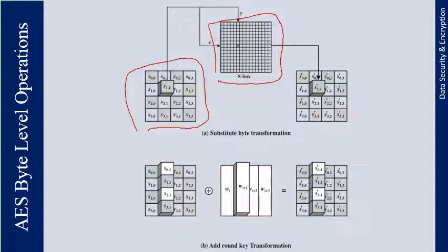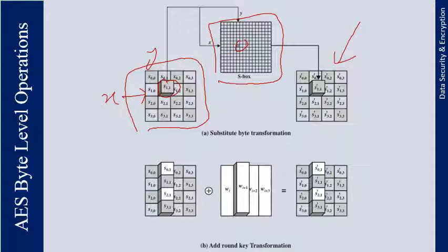This table contains a matrix, and you swap the values of any of the bytes from the state to the table using the location x, y of your matrix, getting the location from the S-box, and then you will get the resultant substitute byte transformation.